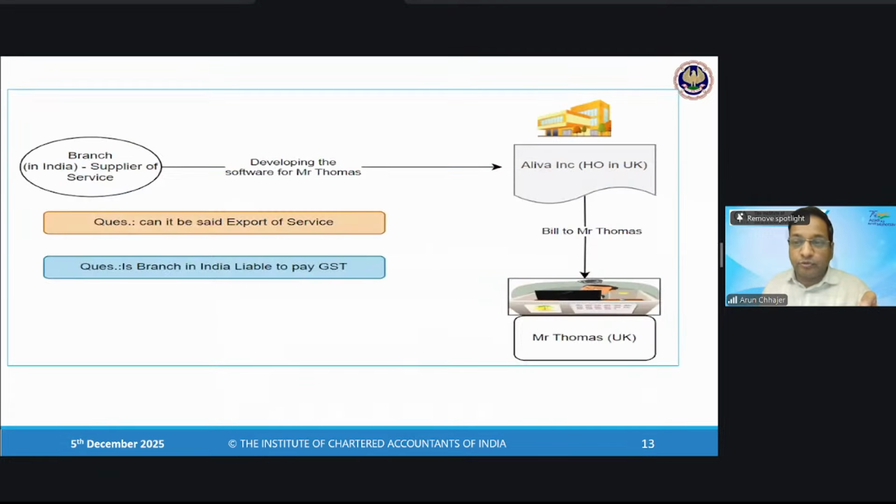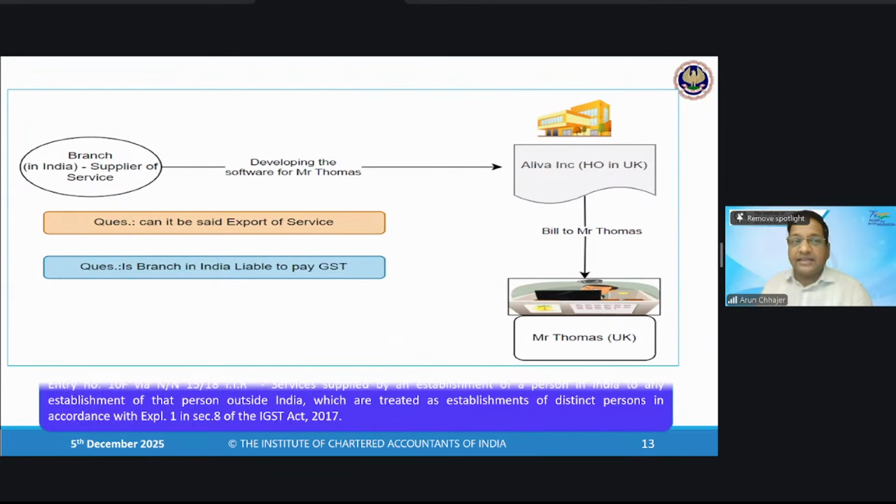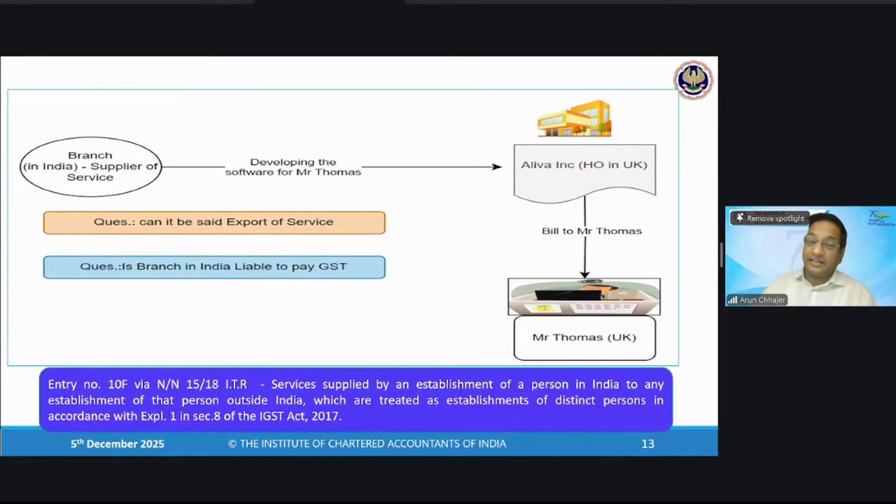Let me come to that point. In this case, there is serial number 10F of the exemption notification.